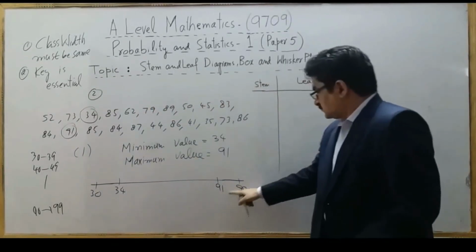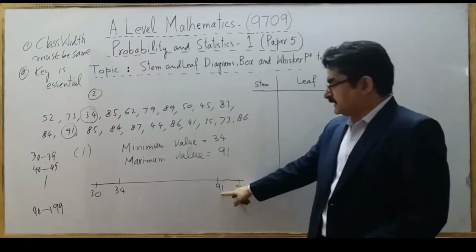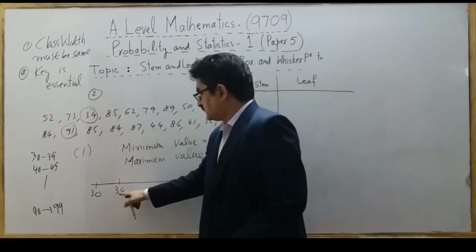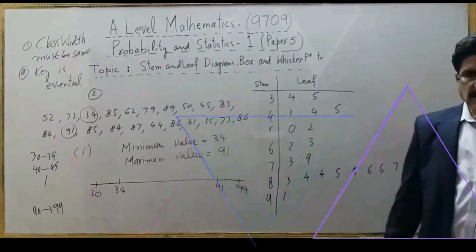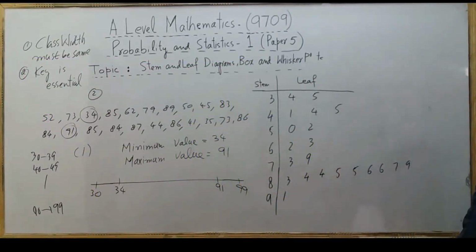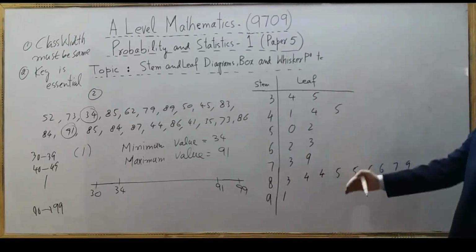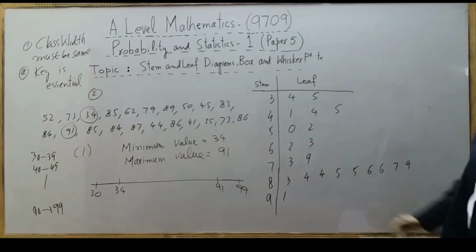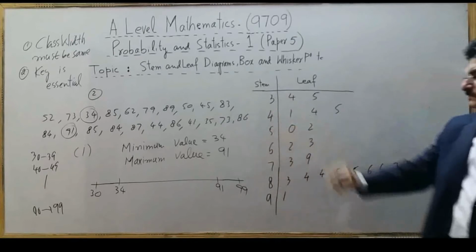We have to take the last interval in which this value must be included, and the first interval in which the smallest value must be included. Okay, now this is the ordered stem and leaf diagram in increasing order. Now you have 1, 2, 3, 4, 5, 6, 7 classes with equal width.